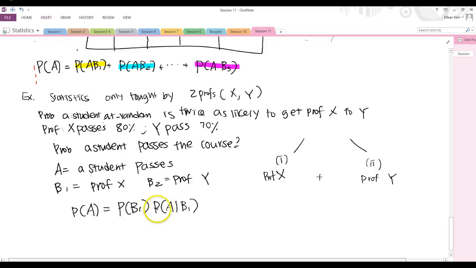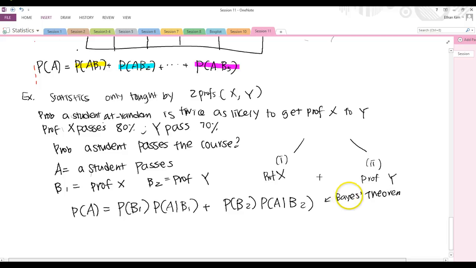Plus the same thing: probability of B2, a student having Professor Y, times the probability that the student passes given that he has Professor Y. This is the Bayes theorem and how we use it.